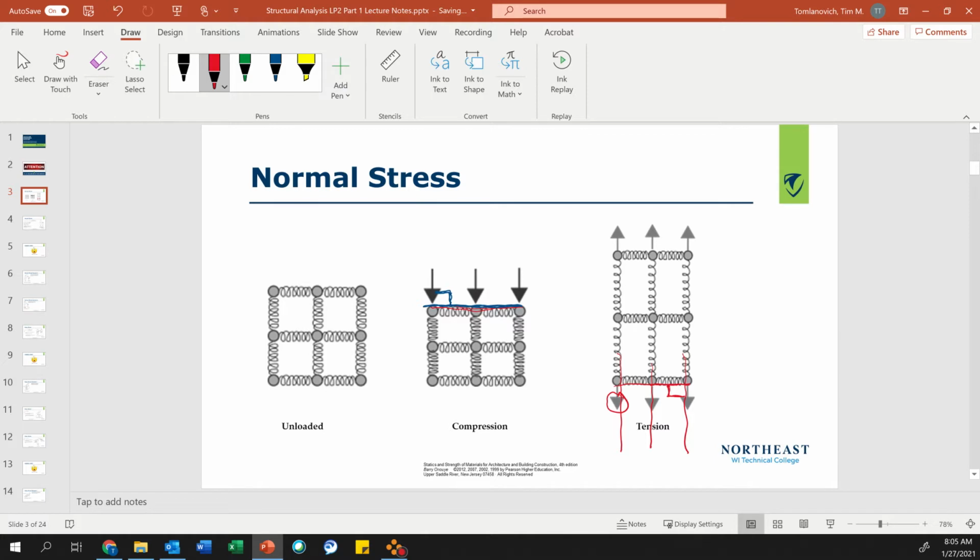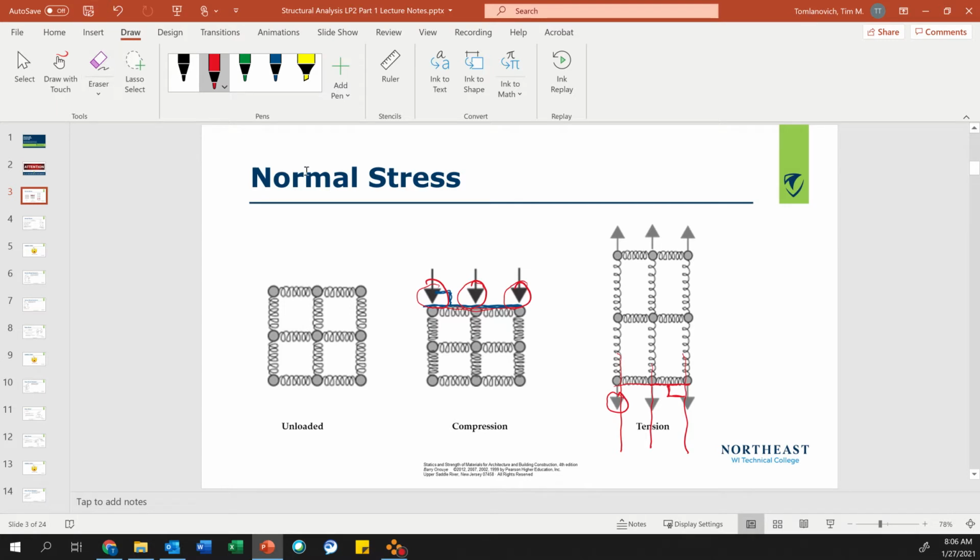You're pulling it, so that means it's in tension. It gets longer. So compression, normal stress, we're squishing it. Tension, normal stress, we are pulling it apart. Again, the load is perpendicular to the face. So pay attention to these, my senses of my force vectors.